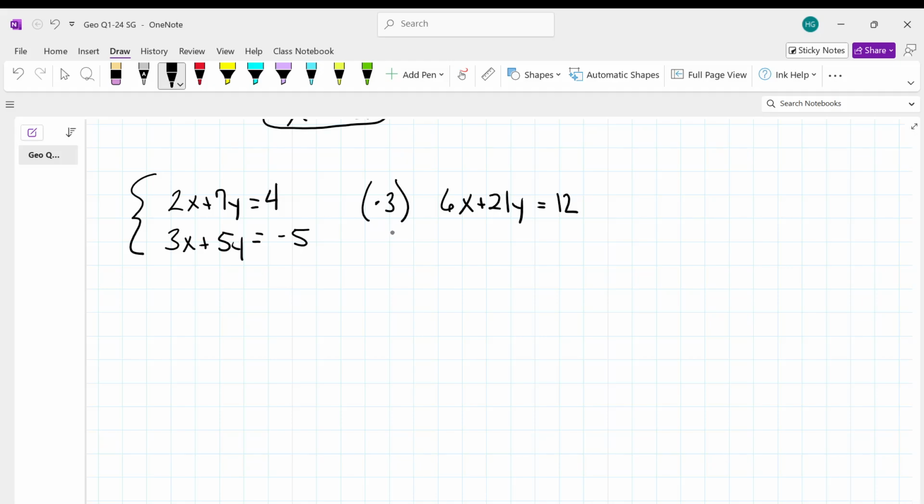In the bottom equation, I want a negative 6 in front of the x. So I'm going to multiply the bottom equation by negative 2. So I get negative 6x minus 10y equals 10.